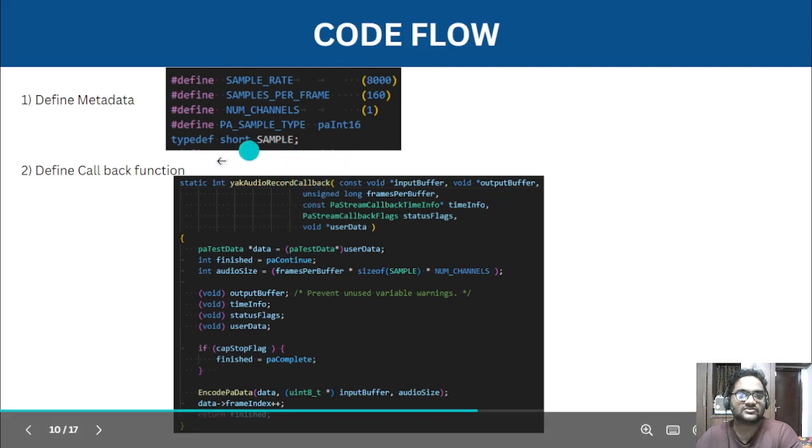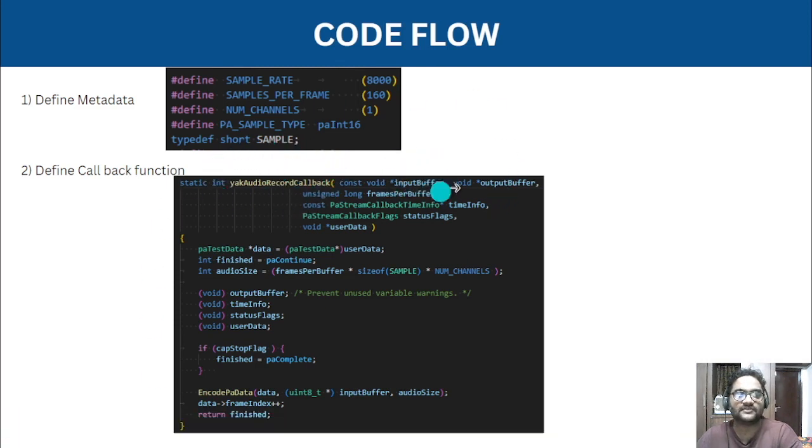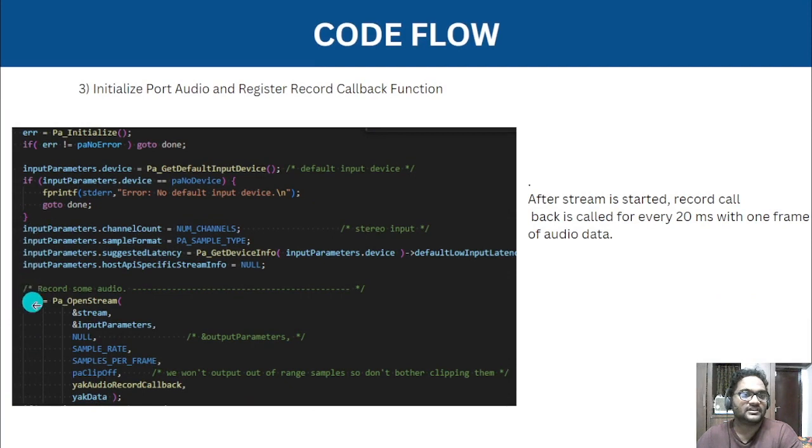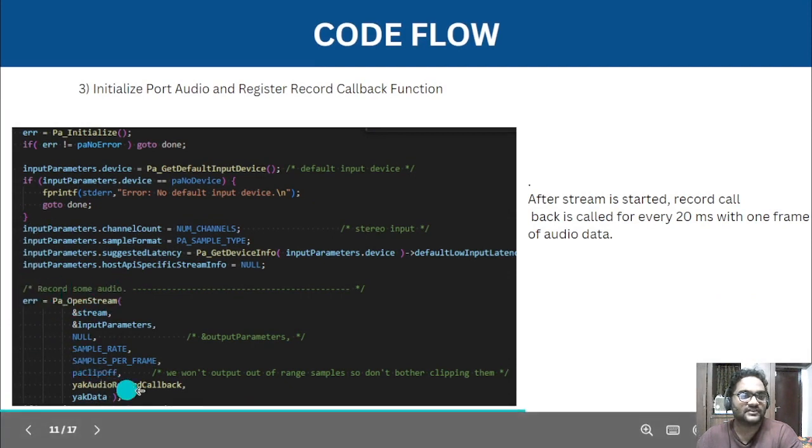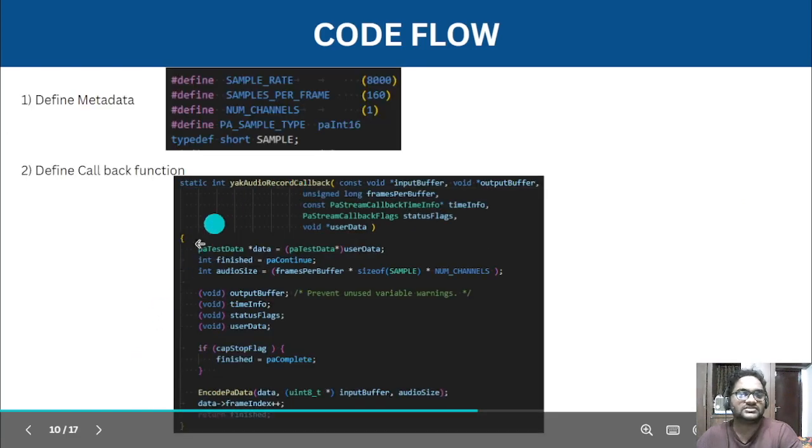As you can see, the input is the buffer. In PA open stream, you associate this callback, and you take samples per frame, which means for every 160 samples you call this callback function. So this is the callback function.